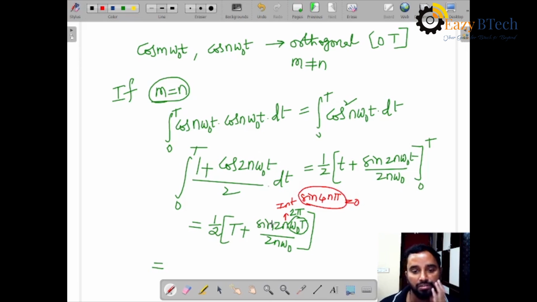Then what remains is T by 2, this is the answer. So if m is equal to n, this integral is T by 2.